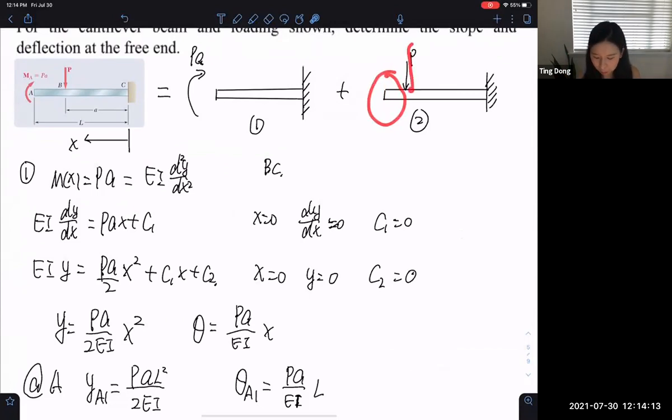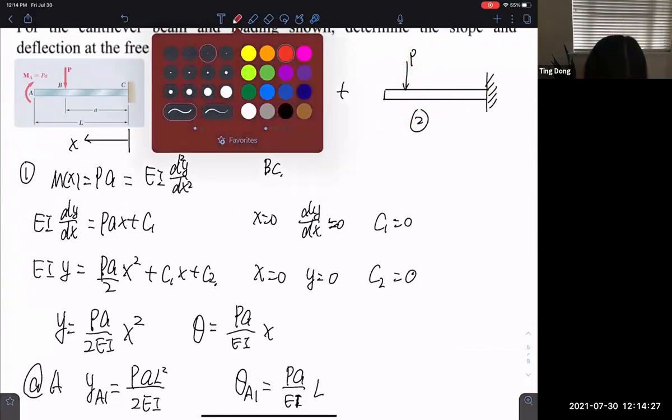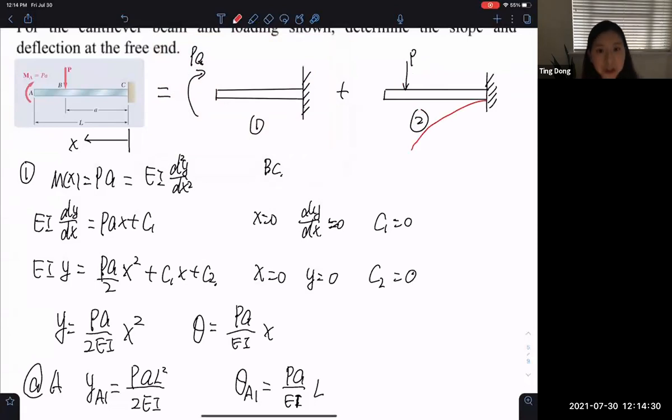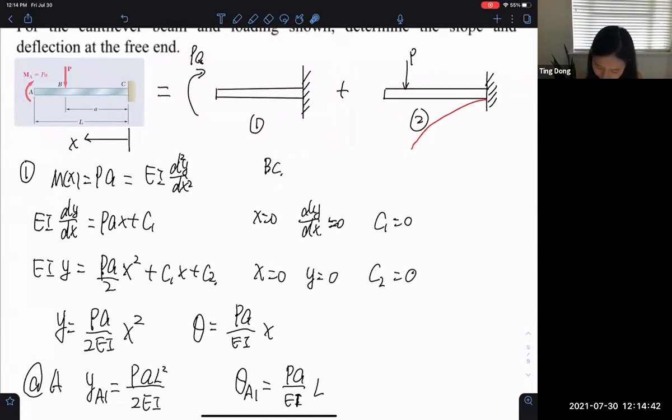If you apply a force here, deformation is generated everything to the right of P. This is the deformation generated by the P to the right part. And for this part, it would maintain a straight beam. So whatever slope is at P, this is point B. Whatever is on the left side of B is a straight line. It's not a curve.